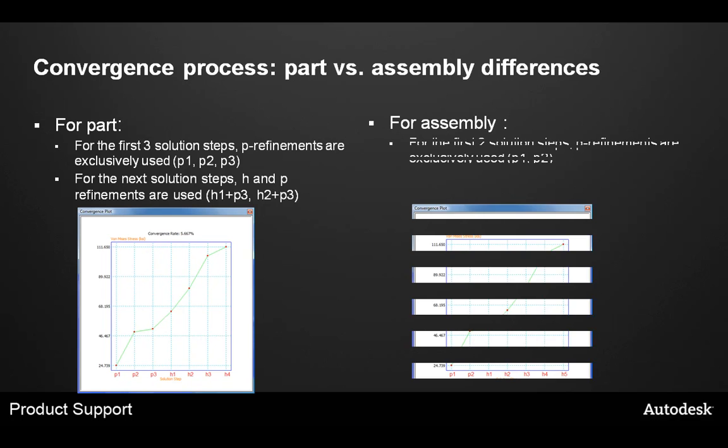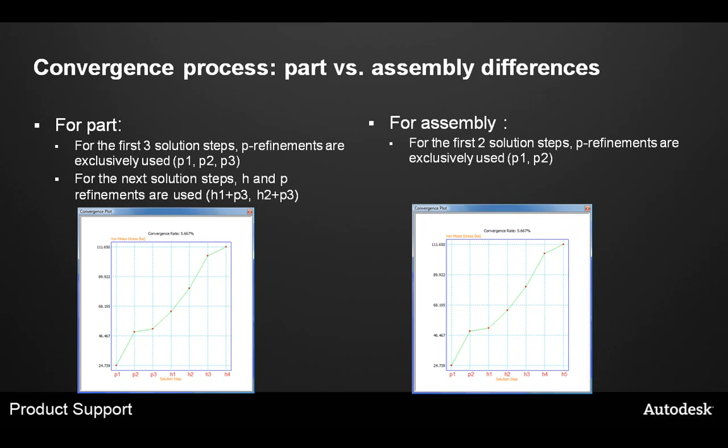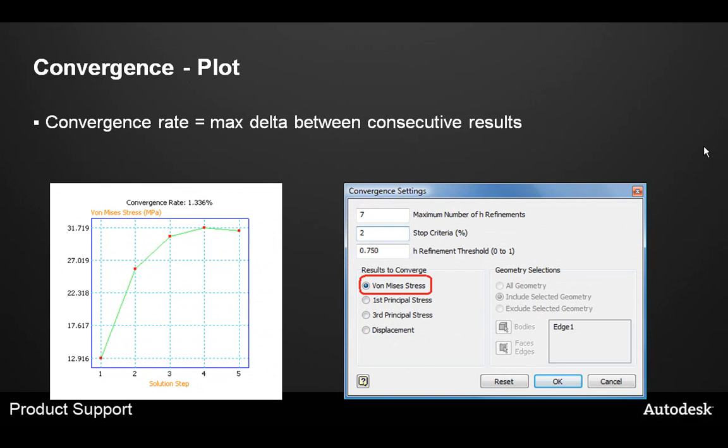If we compare this to the assembly environment, we kick in the H refinements a little bit sooner. The first two solution steps, which you see here at the bottom, are P refinements, and then the H refinements kick in on step number 3. I've shown you already the convergence plot in the previous slide, but I wanted to come back to one particular detail on the plot.